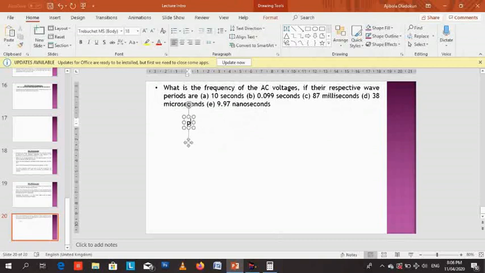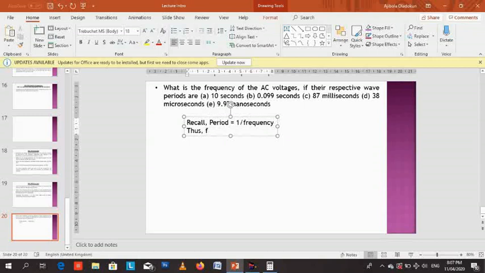Next exercise. What is the frequency of the following AC voltages? Their respective periods are 10 seconds, 0.999 seconds, and the rest. Let's recall that the formula for period is 1 over frequency. We just examined that.